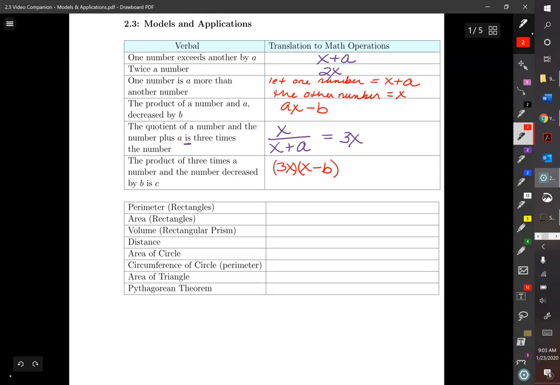So that goes in parentheses as our other factor, and then all that is equal to c. So that one might be a little different than you've seen that wording before. So the product of 3 times a number, that's this 3x. You don't really need the parentheses. But then on this quantity of x minus b, number decreased by b, I definitely need the parentheses, equals c. So I have 3x all times x minus b in parentheses equals c.